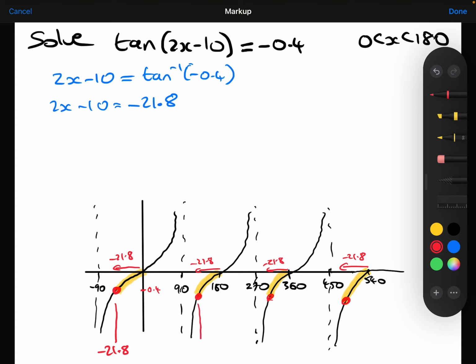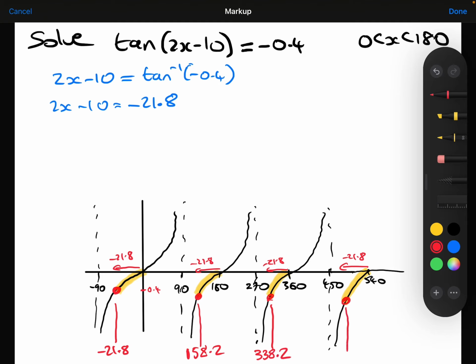This answer here is going to be 180 minus the 21.8, which is going to be 158.2 to one decimal place. This answer here is going to be 360 minus 21.8, which is 338.2.